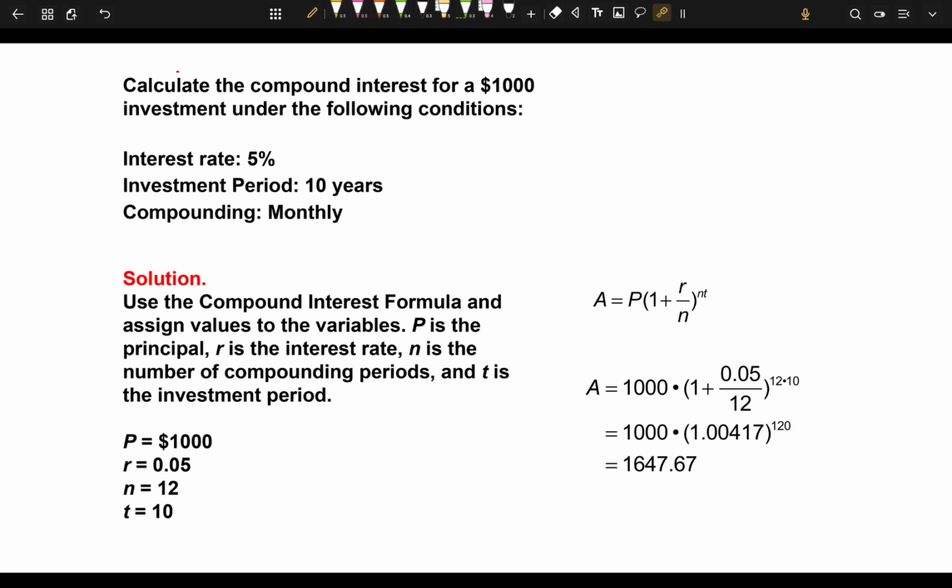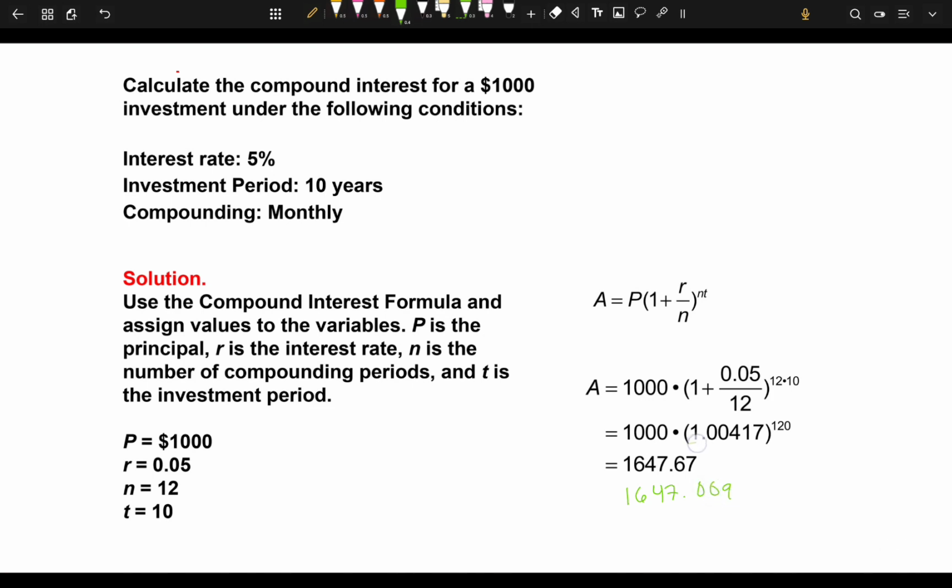Okay. So, nangyari dito is been simplified. 1 plus 0.05. So, ang nakuha po ni Sir na sagot ay 1,647.009.